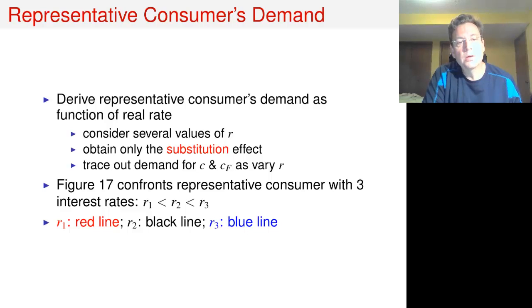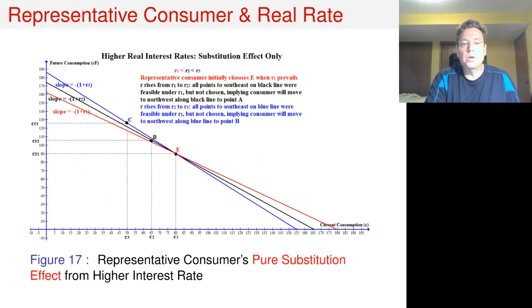By analogy, now what we're going to do is confront this representative consumer with three different real interest rates and ask what will be that consumer's demand for current consumption, savings, and future consumption. We start with the real interest rate of R1, the red line, and we're going to raise the real interest rate.